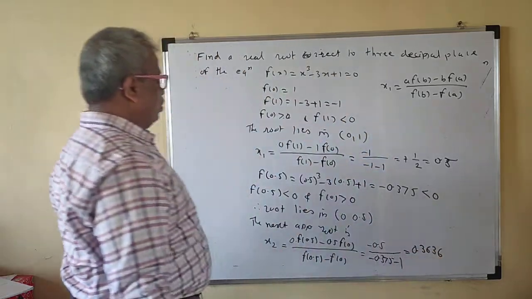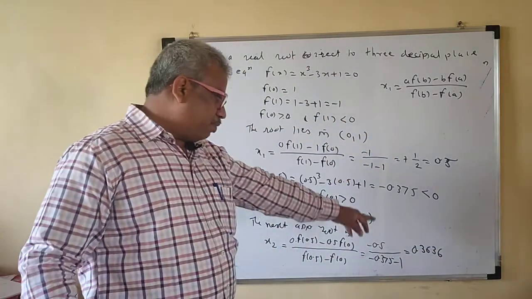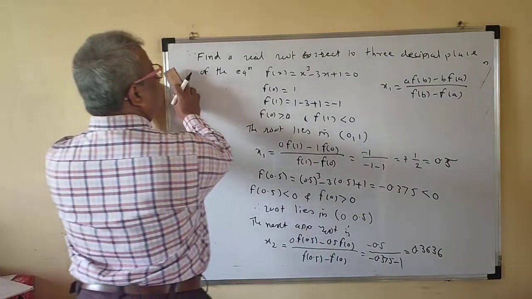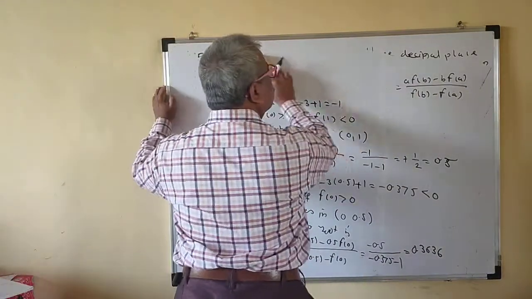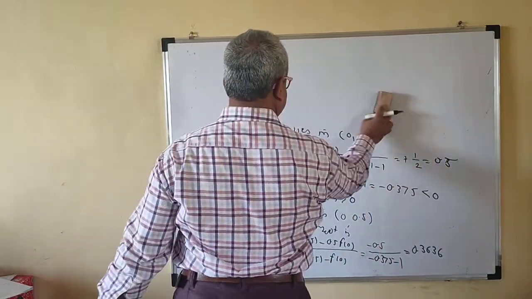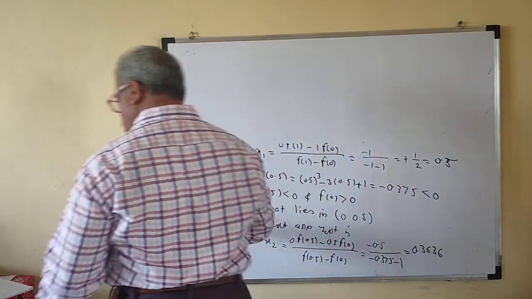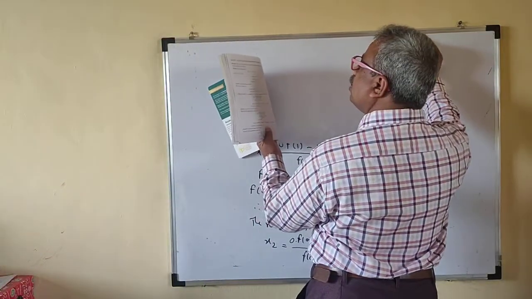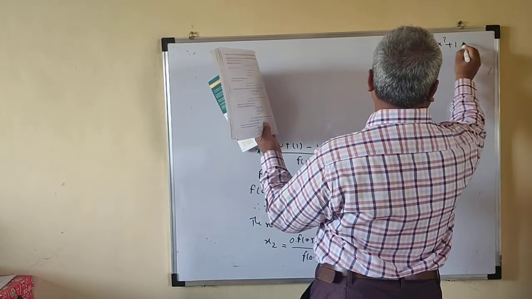See, your x1 is 0.5 and this is 0.36. Okay. So now you have to find the value of this one. I am writing the polynomial here: x cube minus 3x square plus 1 is equal to 0.